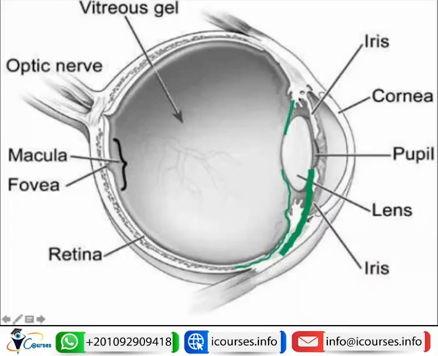We have the cilioposterior fibers, which arise from the ciliary body and insert into the posterior surface, which are the most numerous and thin. And we have finally the cilioequatorial, which arise from the ciliary body and insert into the equator.